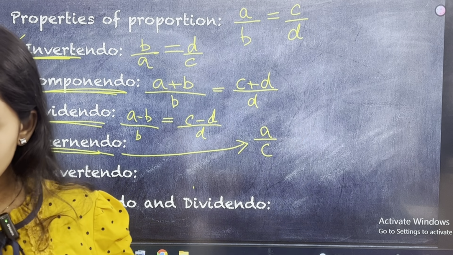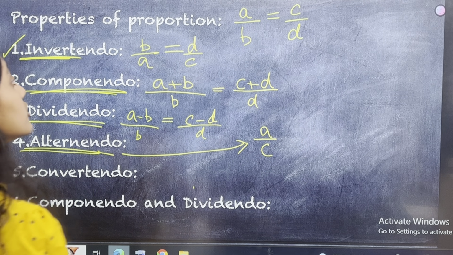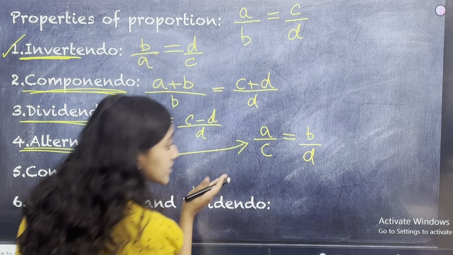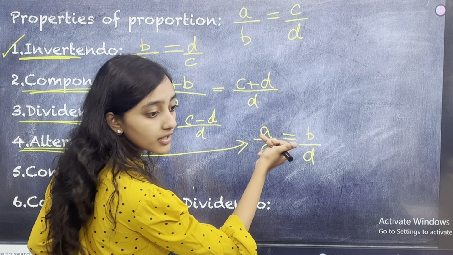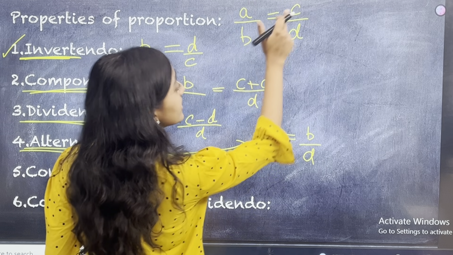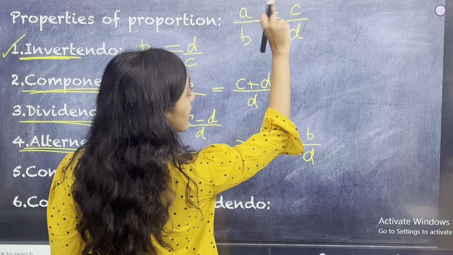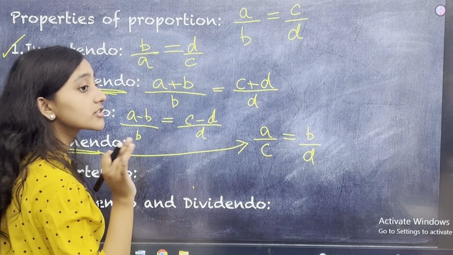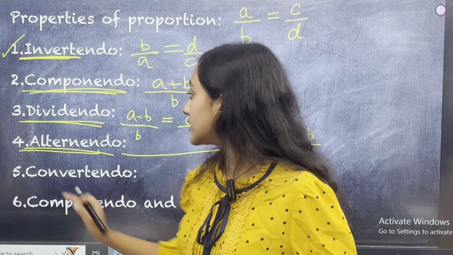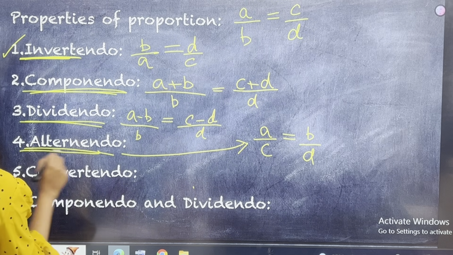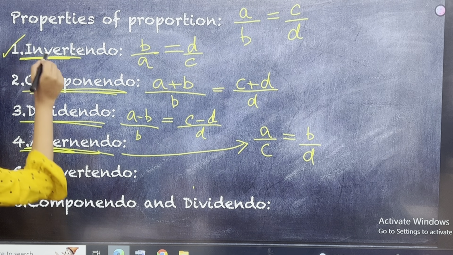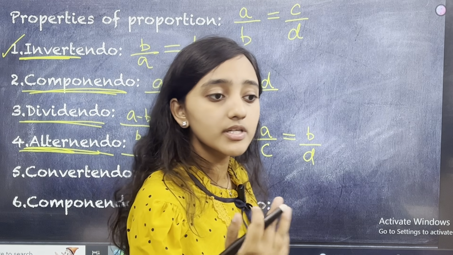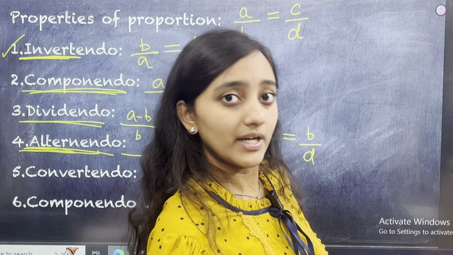From that side I have brought C. This side is equal to B divided by D. B and C were alternate to each other and I have reversed them. So it is A by C is equal to B by D. That is known as alternando. Invertendo and alternando are very easy to remember. In componendo addition happens, in dividendo subtraction happens.